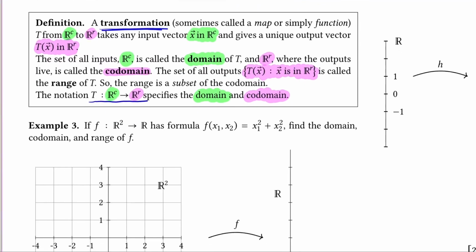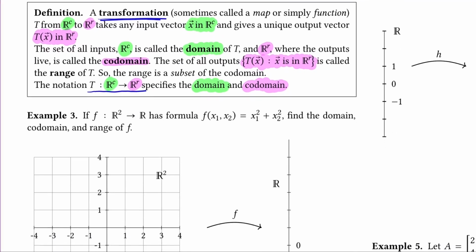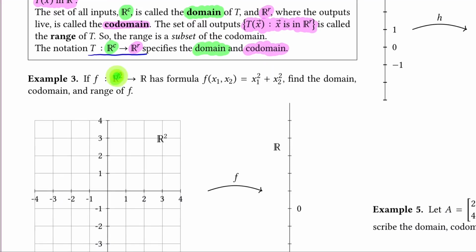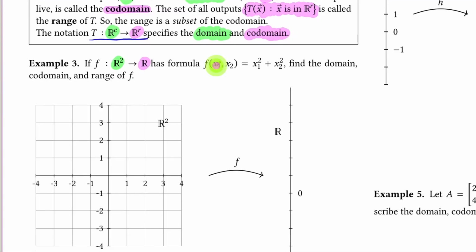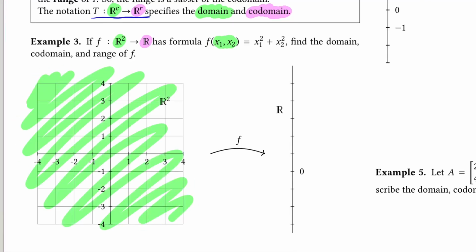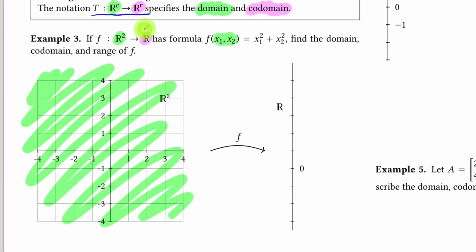Let's look at a quick example here with example 3. So here, f is a function or transformation from R^2 to R. And what that means is that you can take any pair of real numbers, x1, x2, in the domain, and the kind of thing you're going to get out is a real number. This describes some way of getting real numbers.